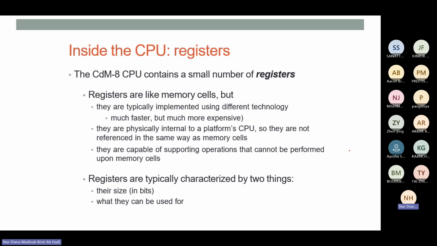They are physically internal to the CPU, so they are not referenced in the same way as your memory cells. They are capable of supporting operations that cannot be performed upon your memory cells. Registers are typically characterized by two things: their size, which we calculate in bits, and the purpose, what they are being used for.